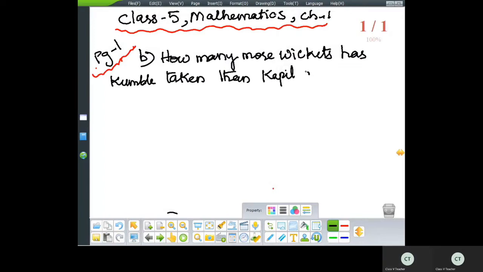Than Kapil. So children, as I told you, more than means what you will do here? Subtraction part. So firstly, how many wickets has Kapil Dev taken?